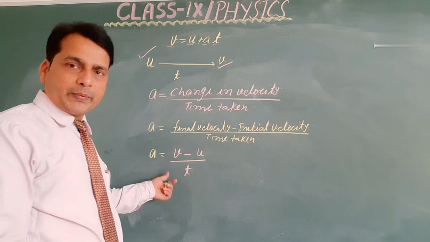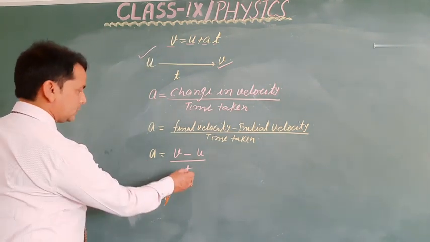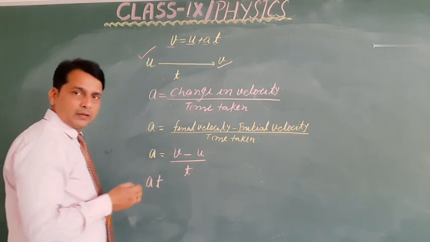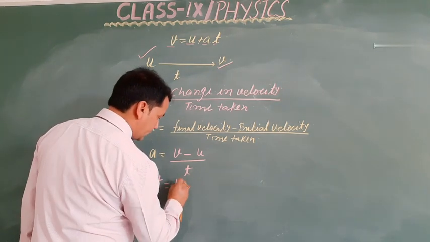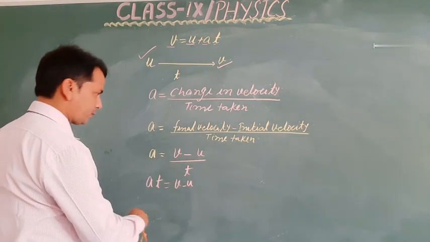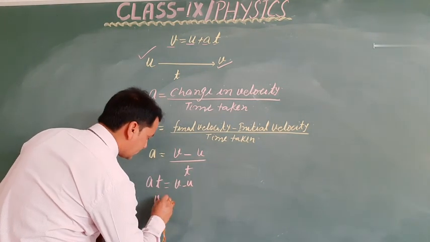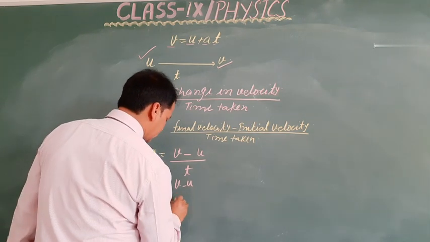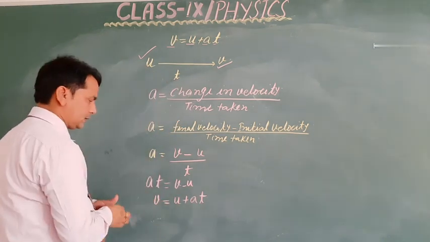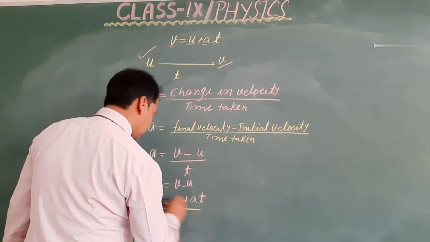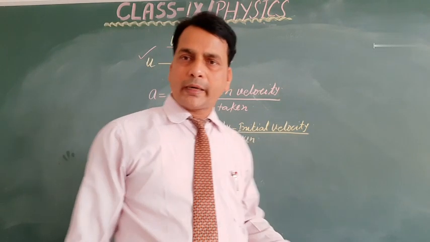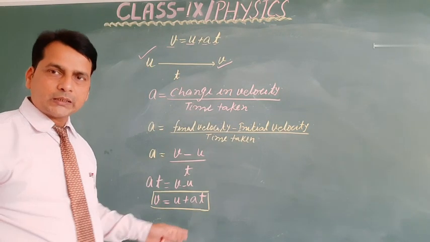Cross multiplying by t, at equals v minus u. Transposing u, v equals u plus at. So this is the derivation of the first equation of motion, v equal to u plus at.